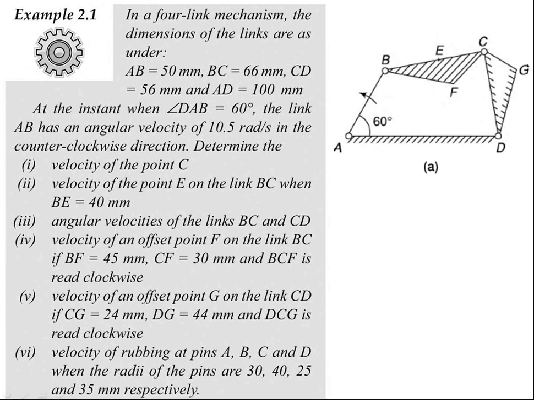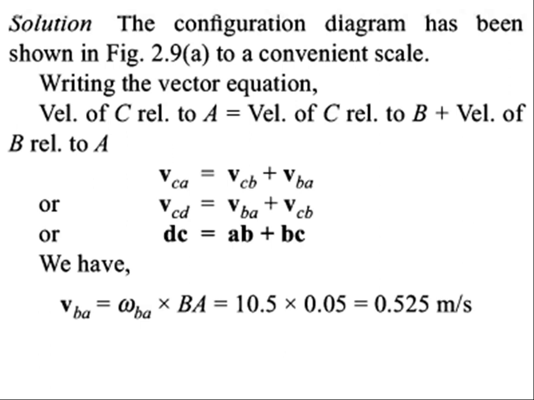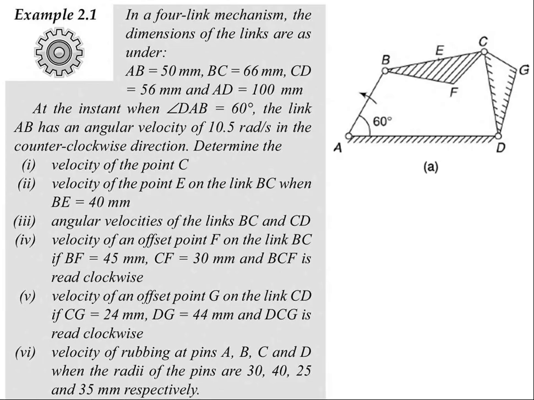So 50 mm converts into 50 times 10 to the power of minus 3 meters. Then multiply by the angular velocity, that is 10.5 radians per second. So first you have to calculate the velocity VBA. So omega BA into BA, 10.5 into 0.05, you get 0.525 meter per second.